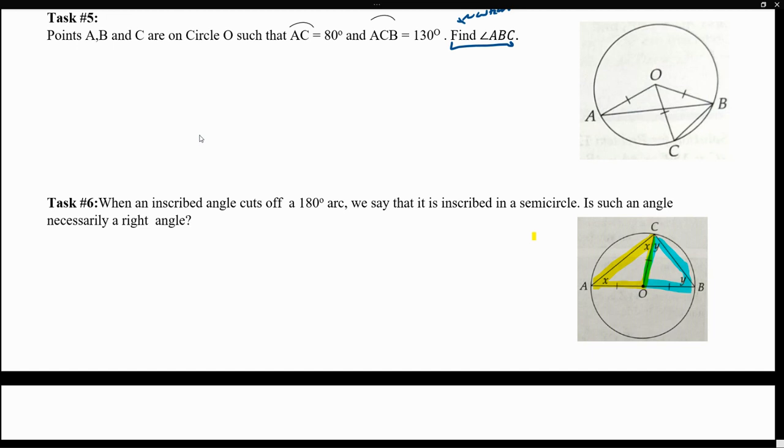And they're not just any regular triangles. Triangle AOC and triangle COB are isosceles.